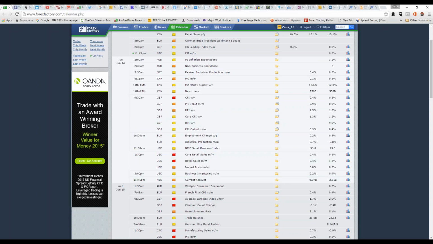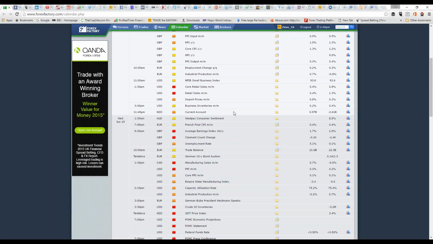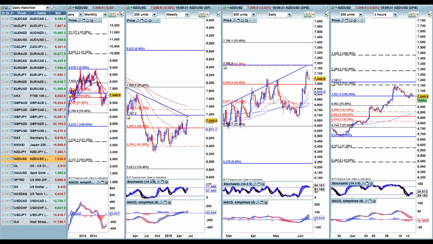Expected to swing back from a deficit, and then GDP expecting to drop. So we get a high tomorrow. I'll sell into that and then look to short into Wednesday. But yeah, just looking to see if that can pop up.